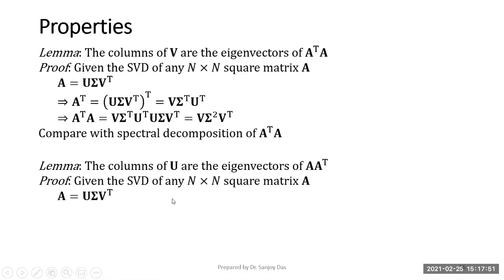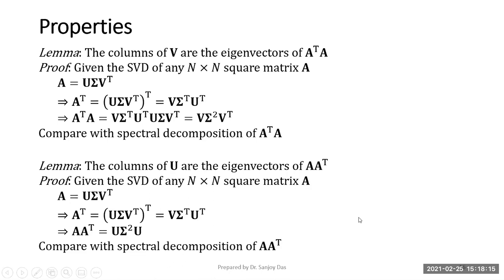A is U sigma V transpose, A transpose is V sigma transpose U transpose, and so A A transpose is equal to U sigma square U transpose. So the columns of this U are the eigenvectors of A A transpose.